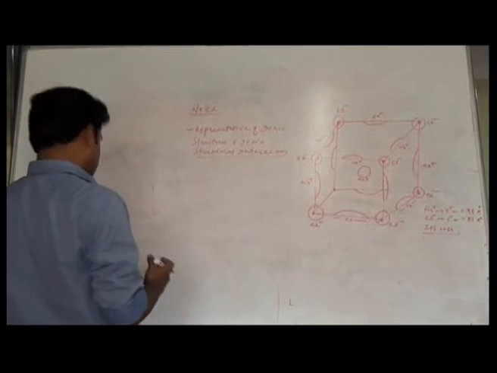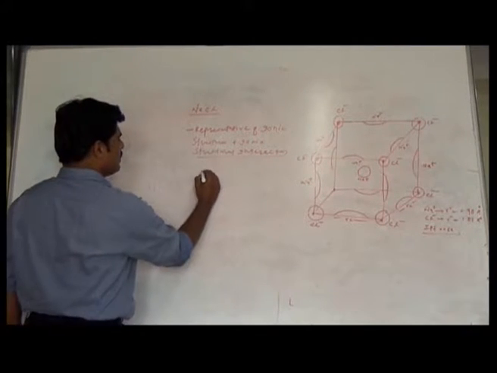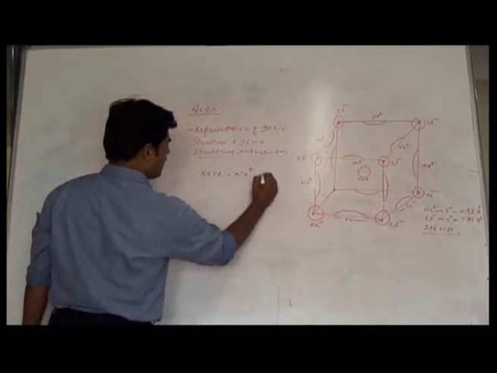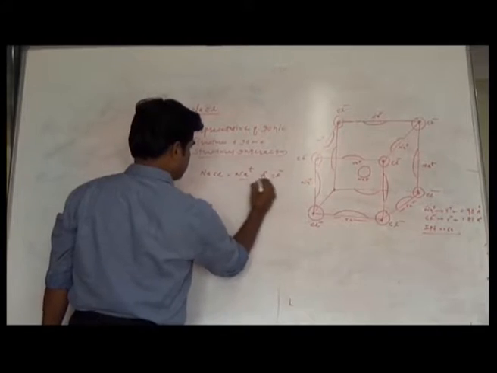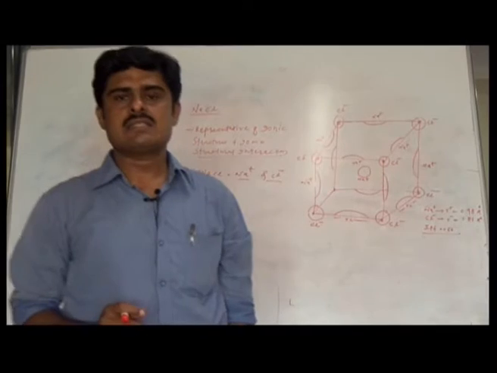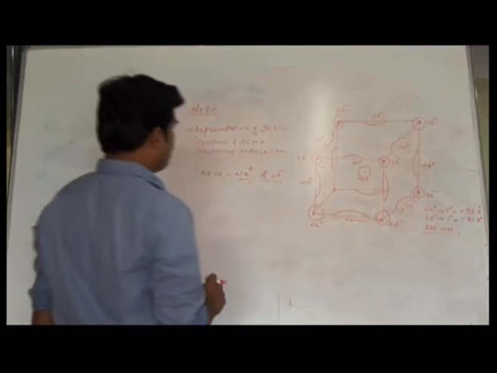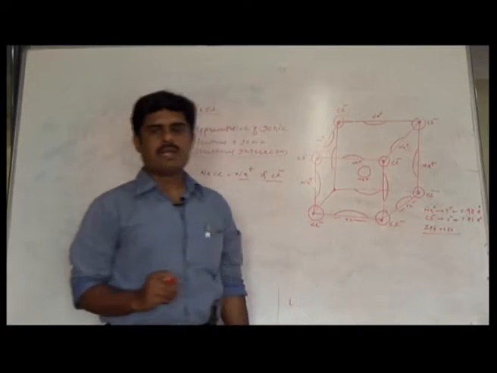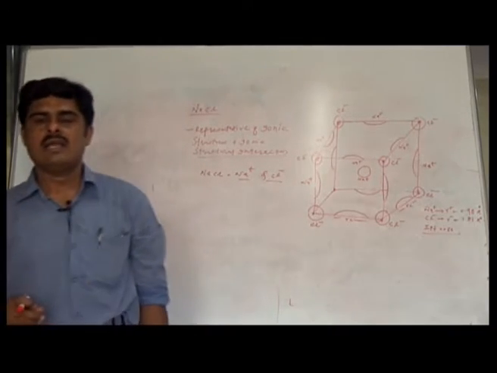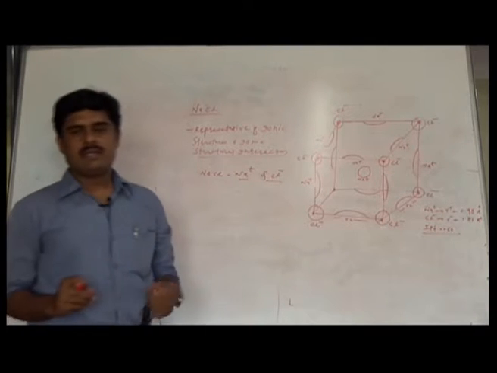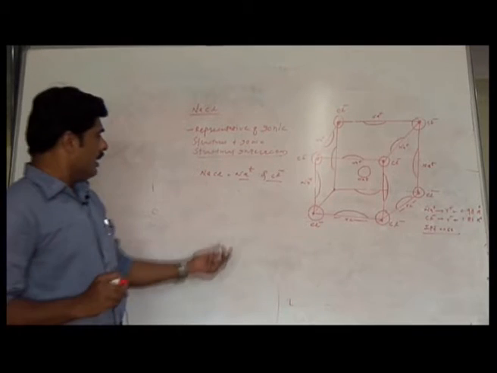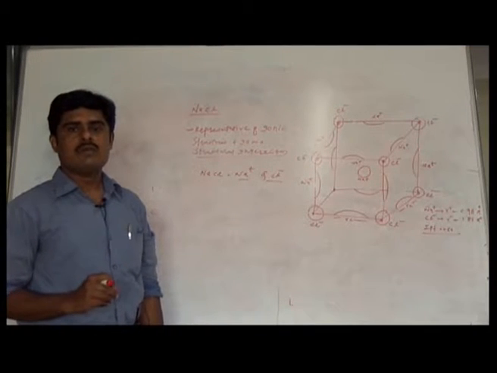So basically, understanding the sodium chloride structure: sodium chloride is nothing but Na plus and Cl minus. Do you agree with this? The unit cell of sodium chloride comprises two ionic species, Na plus as the cation and Cl minus as the anion.